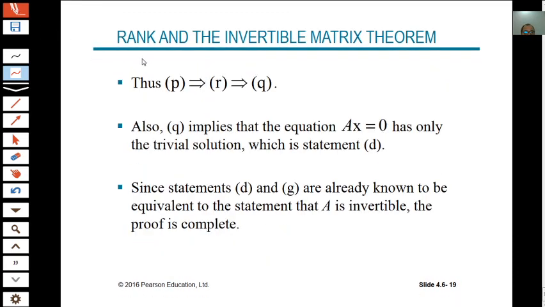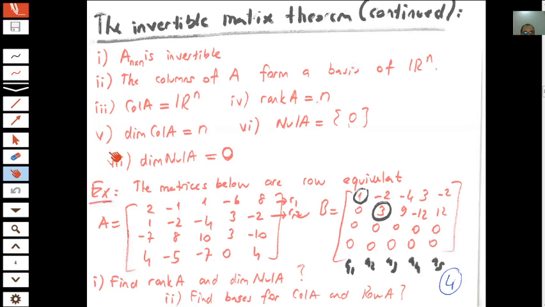And lastly, we have an example here. The matrices below are row equivalent. You see the matrix A and its echelon form B written here. Find rank A and the dimension of the null space. Rank A is equal to the number of pivot positions.